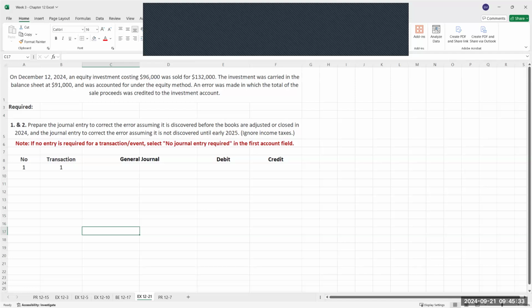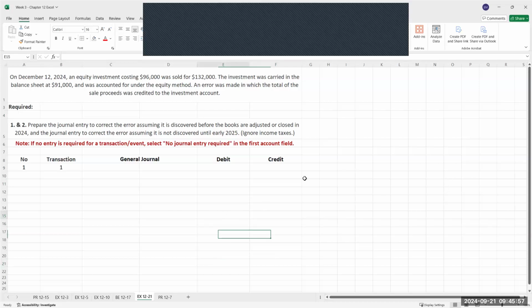And the key thing here is that we see that there was a difference based on how much it was reflected on the books. So here it's saying that the investment cost $96,000, but the investment was carried on the balance sheet at $91,000, right? So that's essentially the error.